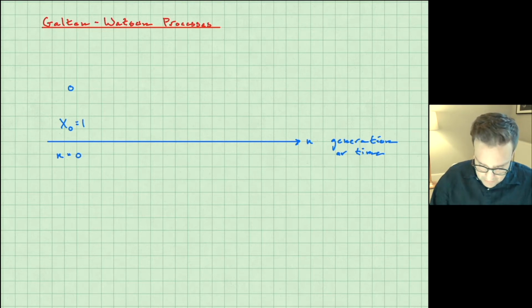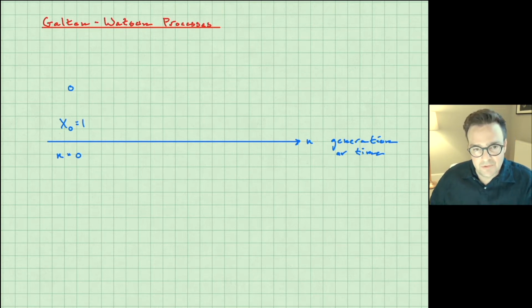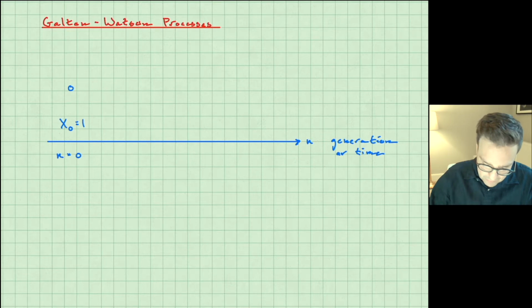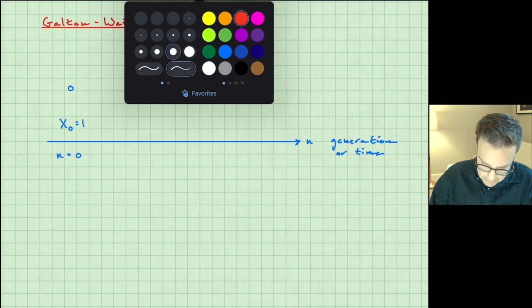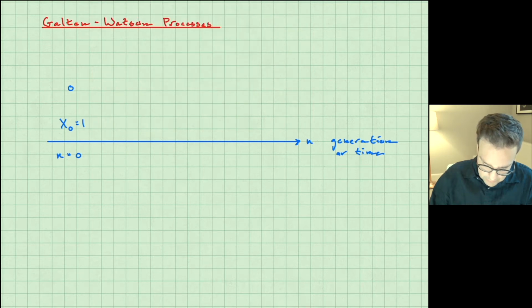After a bit of time, each element of the population has a chance to split off or to reproduce. I'm going to use a little rectangle for that. Maybe I'll use a highlighted symbol. Make it a little smaller.